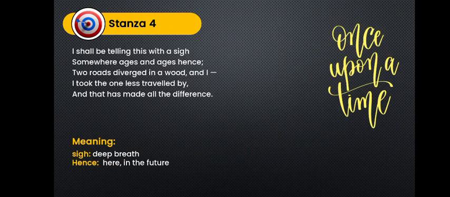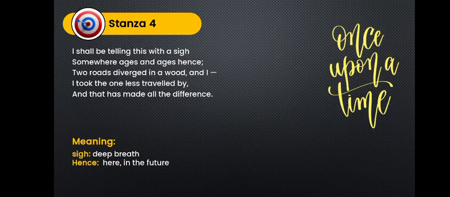So this first line says, I shall be telling this with a sigh, somewhere ages and ages hence. So in future, he will be telling someone else what he will tell: two roads diverged in a wood. So he will tell his story, his decision making power, that only that decision makes his life this way, the way he will be living at that time.